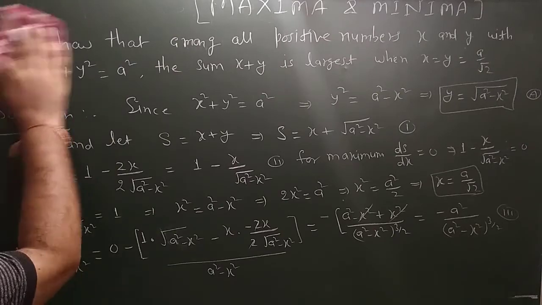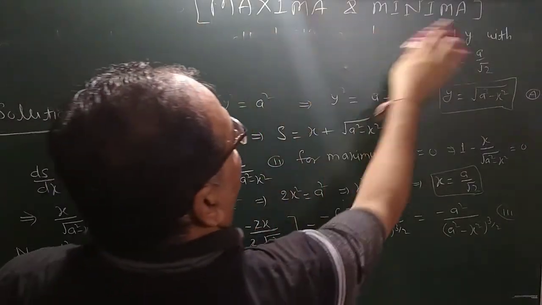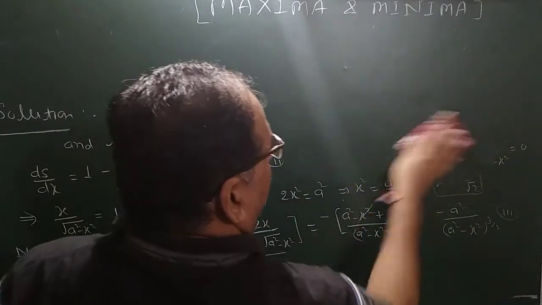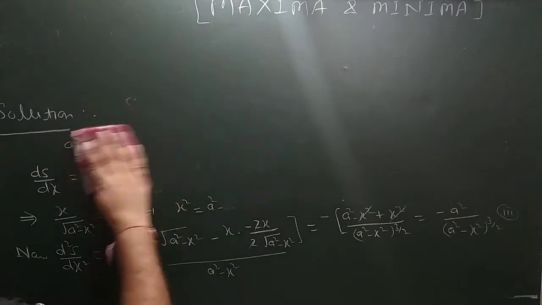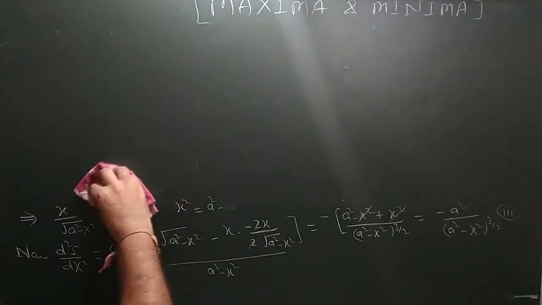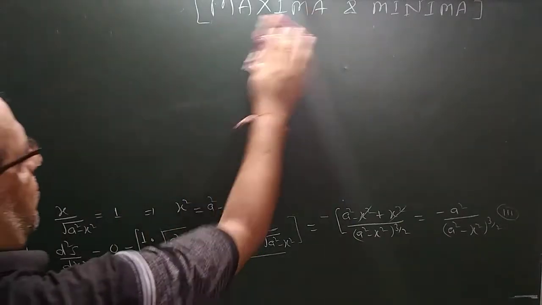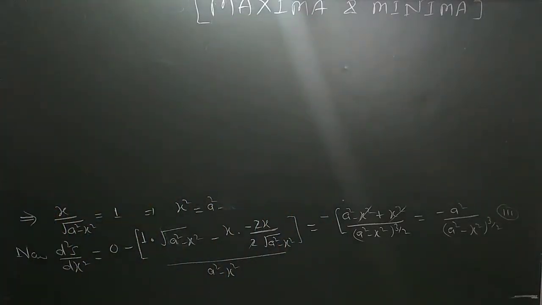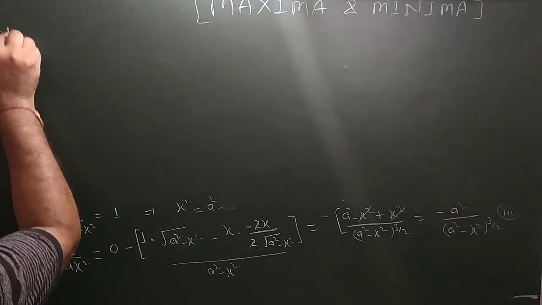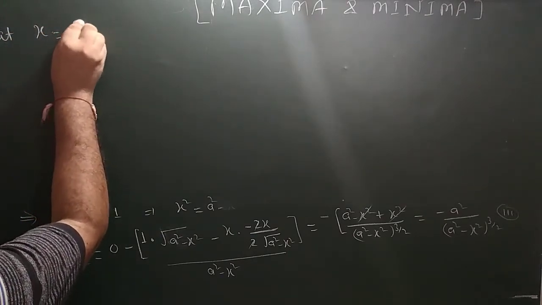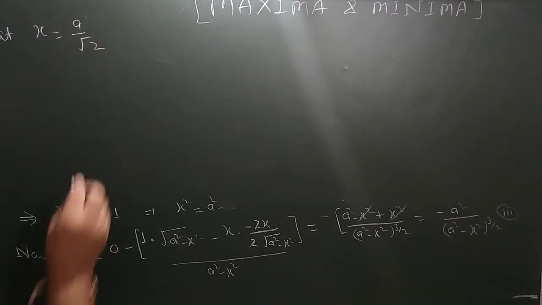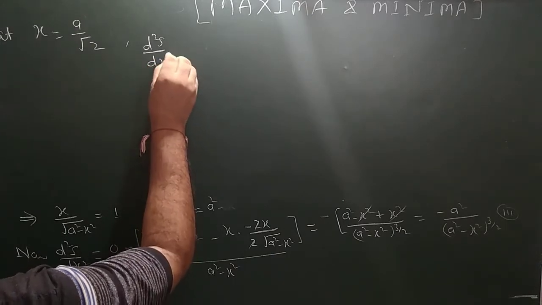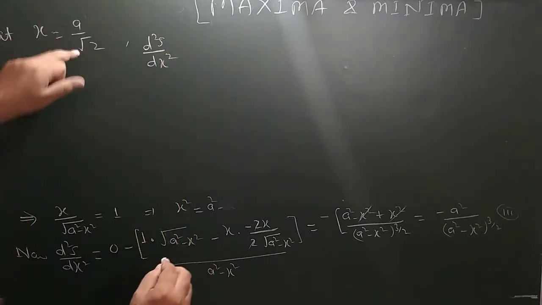Now at x equal to a upon root 2, d2s upon dx square, at the point of maxima or minima a upon root 2.